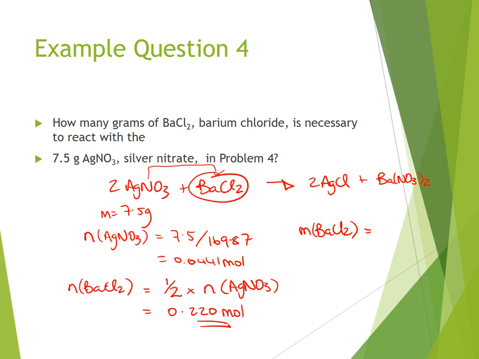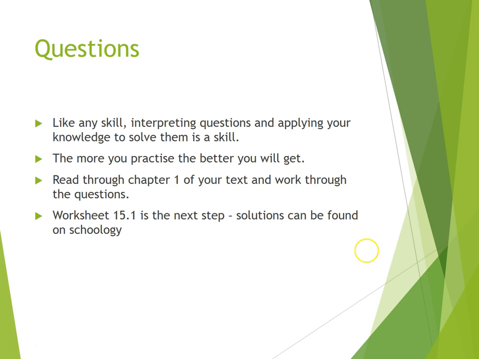Remember to include the adding up of your molar masses in your working out. I'm not, but you should. That way we can see if you've made an error. So we're going to have our mole, which is 0.220, multiplied by 208.23, which is the molar mass of barium chloride.